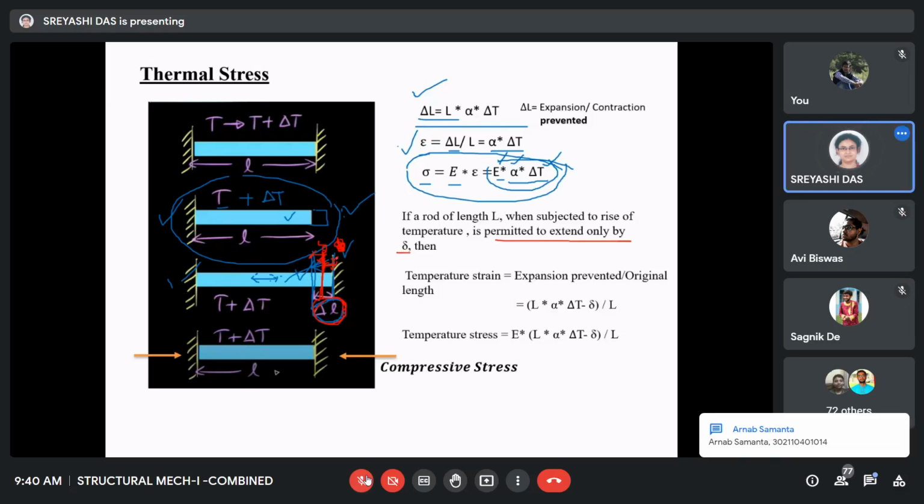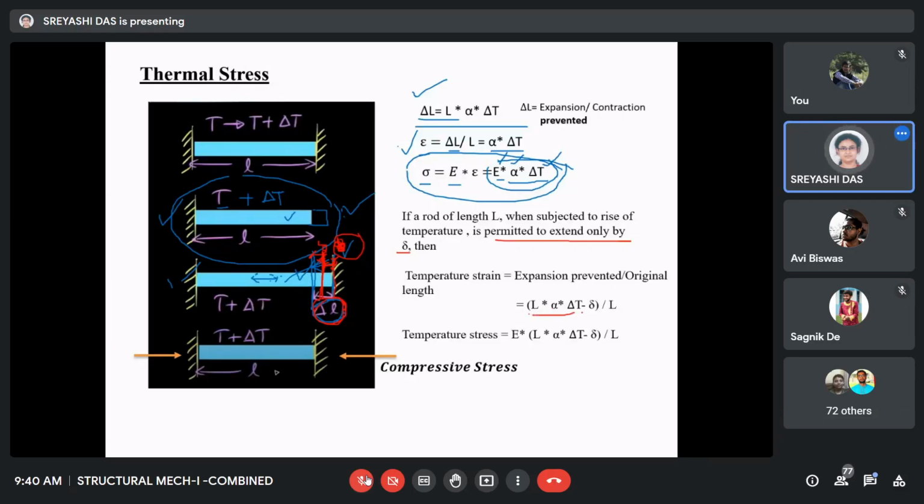So that means this support, what is the amount of length it is preventing? So the amount of length is L alpha T minus delta. So L alpha T is the total length, that is delta L, minus delta. So this is the length it is preventing.